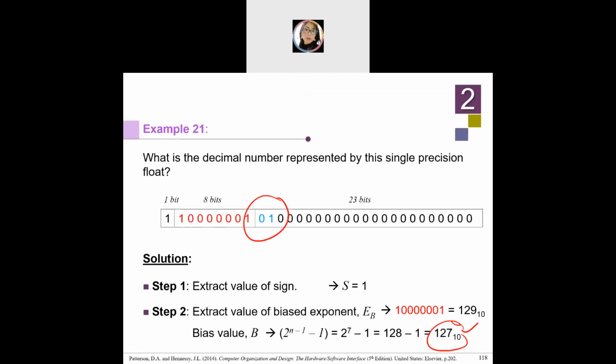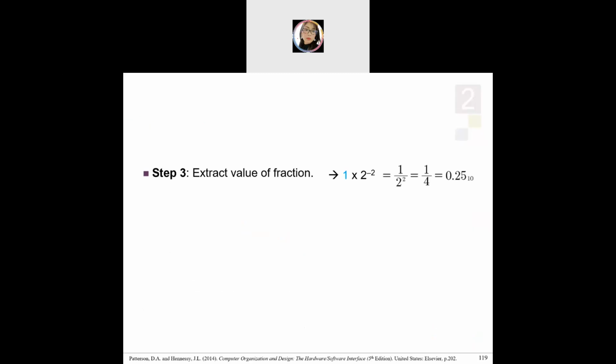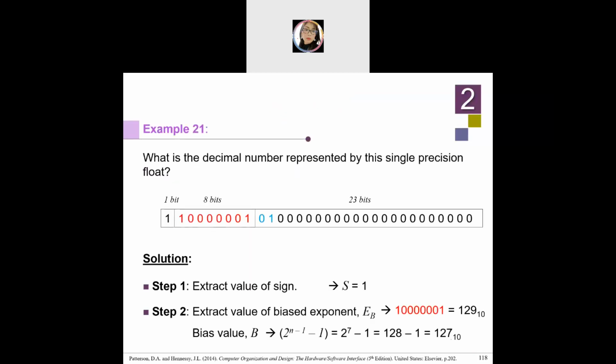After we get step number 2, we will need to know the value of our fraction. We need to extract the value of what we have, 0.01 times to the power of 2. Why is it negative 2? Is it negative 2 or 2 for the value?